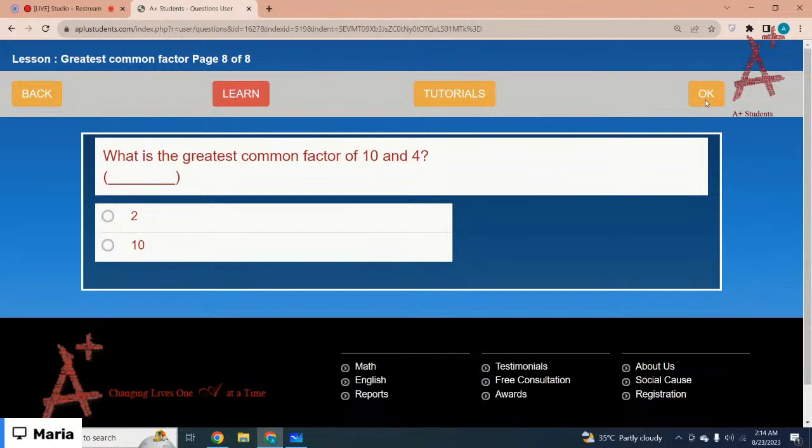So you have to look. The correct option is the one that can divide both the numbers 10 and 4, right? So 2 is the only number that can divide both 10 and 4. So that means the GCF of 10 and 4 is 2. The correct option is 2.